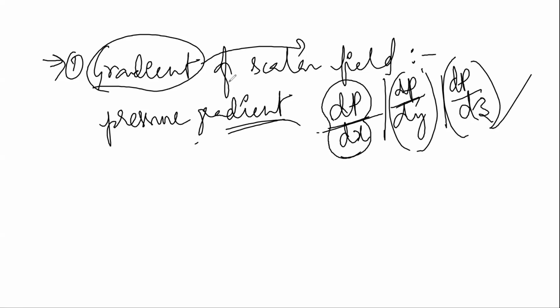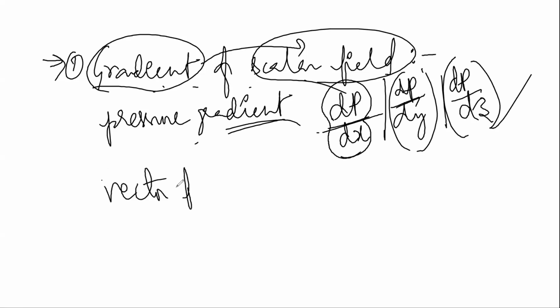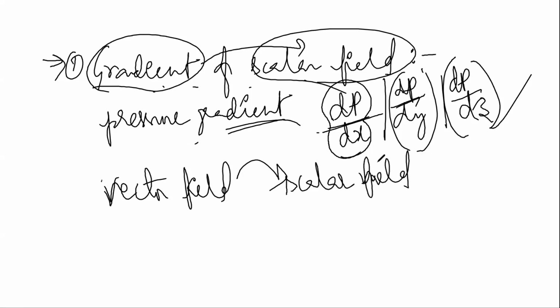Similarly, gradient of scalar field. The main significance of the gradient of scalar field is that gradient will form an association between a vector field and a scalar field. How? I'll teach you.